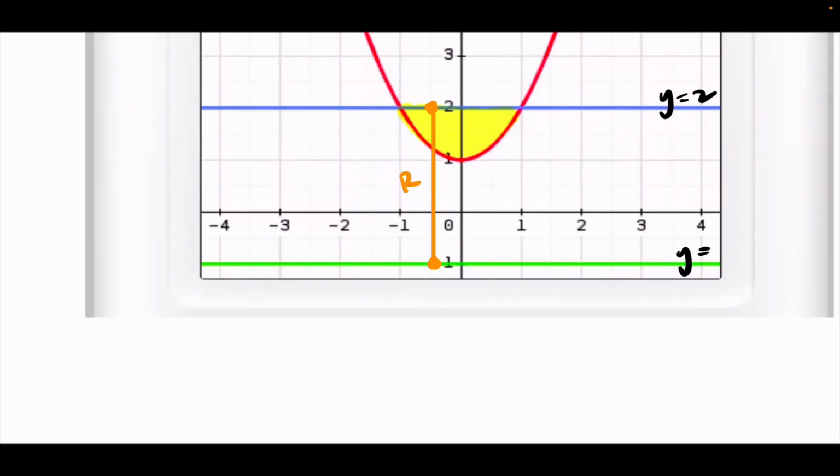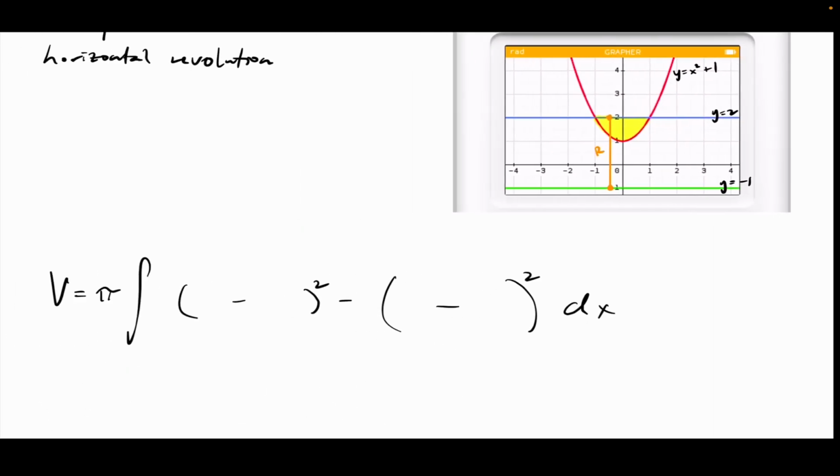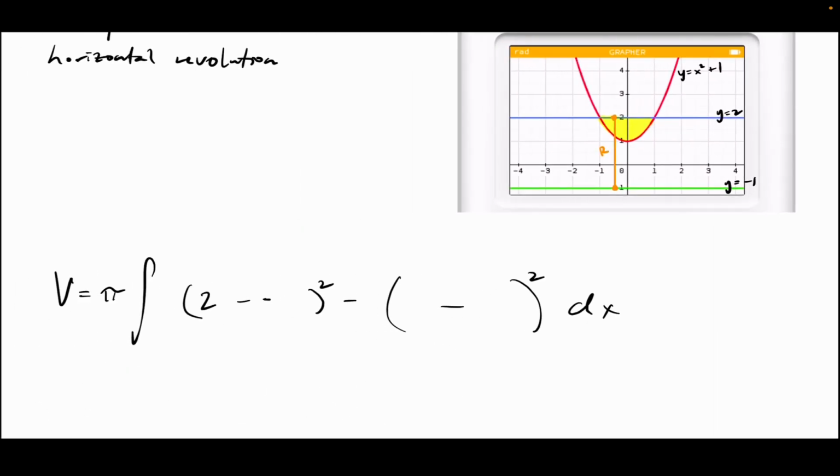The green is y equals -1, and then the red is y equals x squared plus 1. So it's going to be 2 minus -1, which is 3. That's big R.